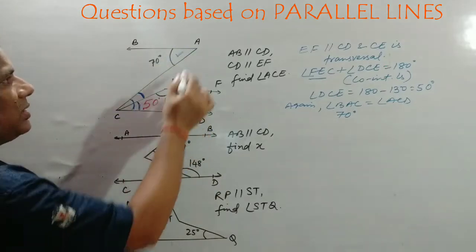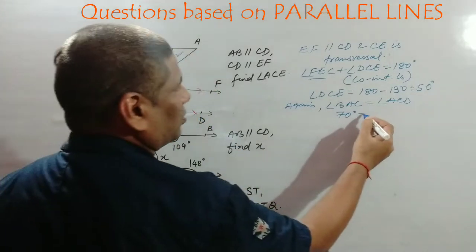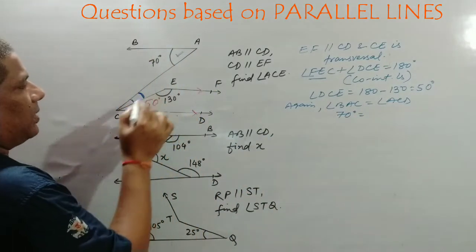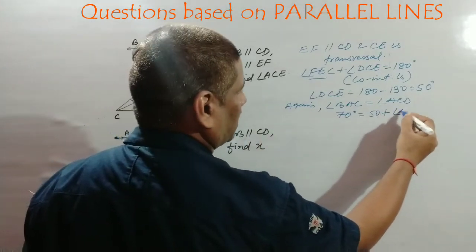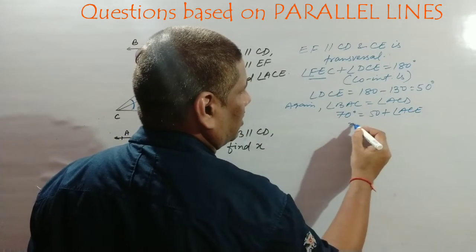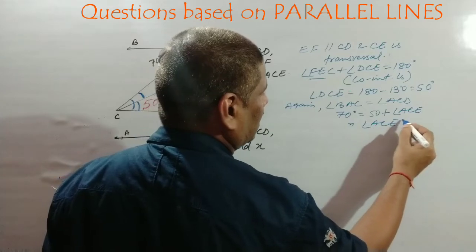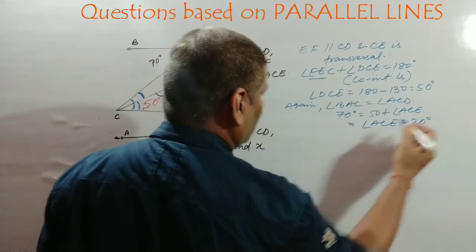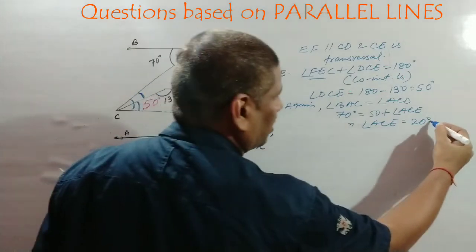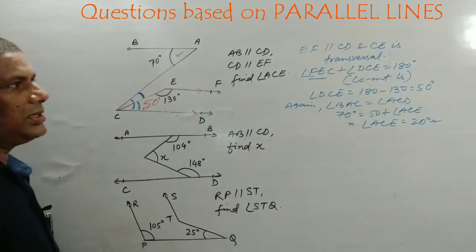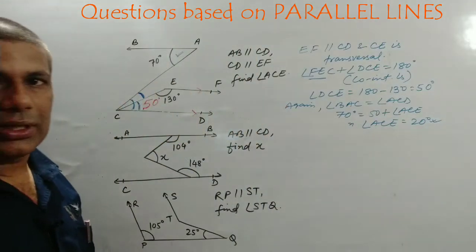BA is parallel to CD and AC is a transversal. So 70 equals 50 plus angle ACE. Therefore angle ACE is equal to 20 degrees. So we have found angle ACE equals 20 degrees.